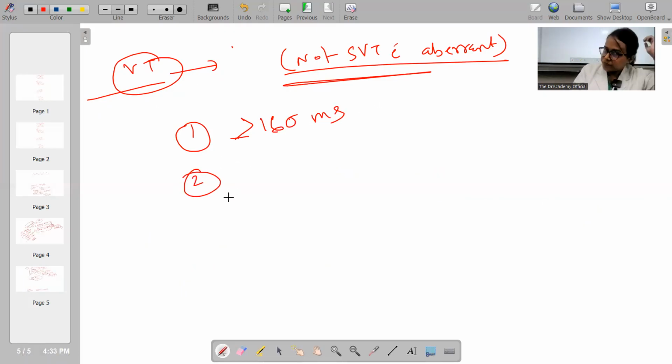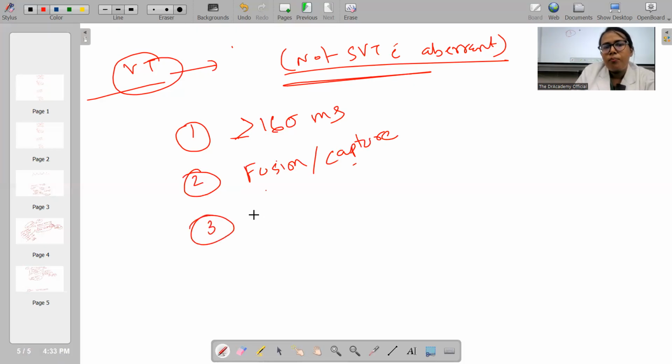Number two, there will be presence of fusion beats or capture beats. I'll show you how the fusion beat or the capture beat looks like. Number three, positive QRS concordance. Now I'll show you what exactly is the concordance.